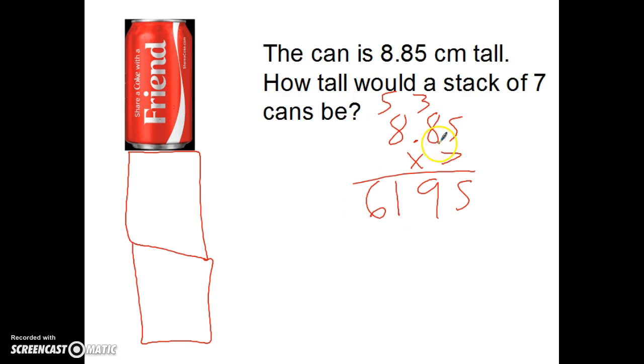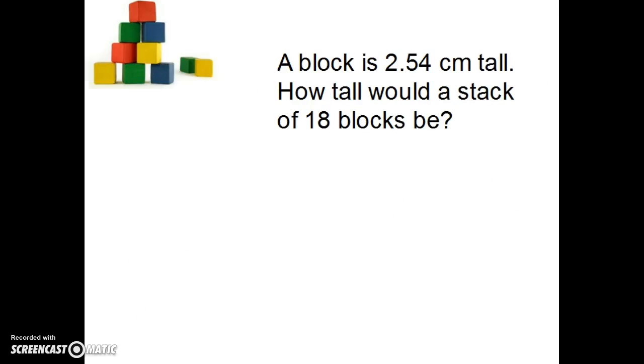And then I had to move over 2 spots to get to my decimal there. 61.95 centimeters tall. It kind of makes sense. If you got 7 Coke cans and you stack them up, it would be less than a meter stick. It would not come up to your waist.